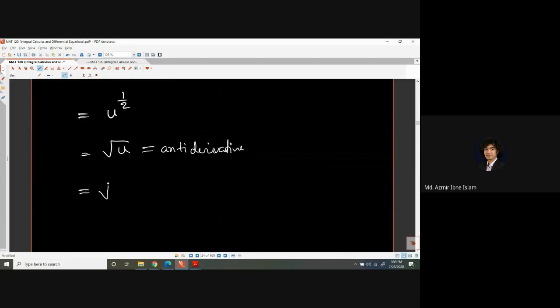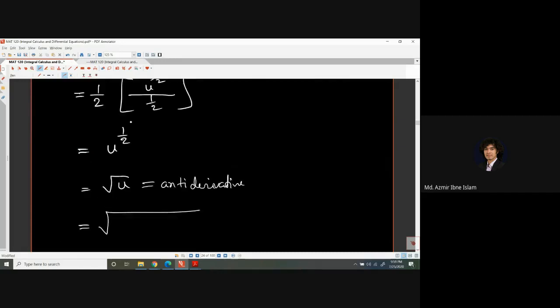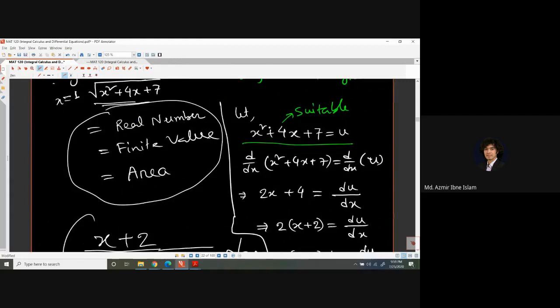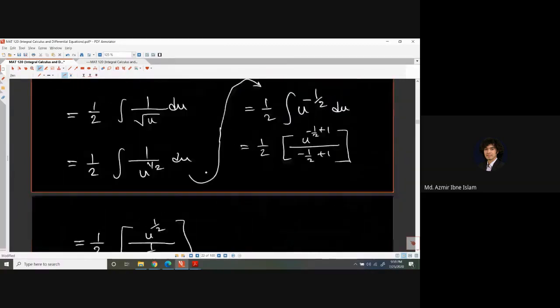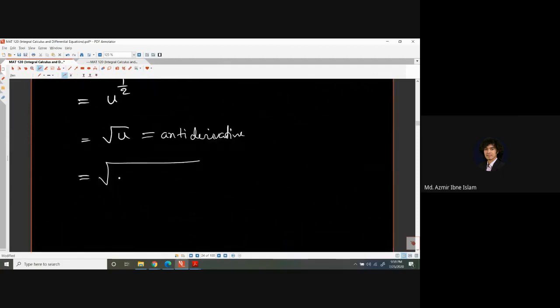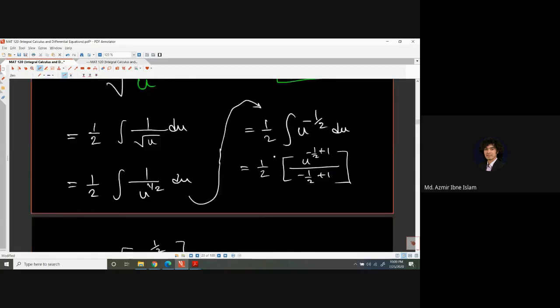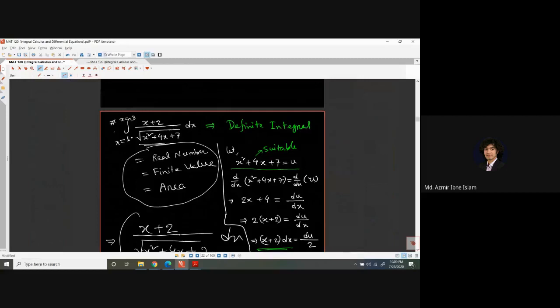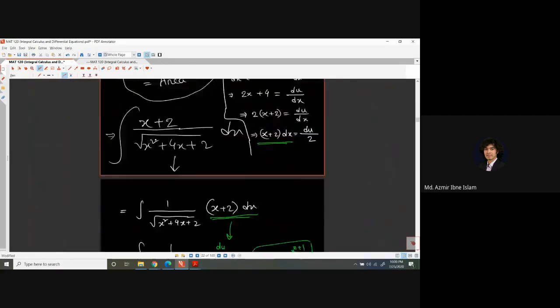But don't forget to get back to the x function. So here you have the x term, that is x squared plus 4x plus 7. So root over x squared plus 4x plus 7, that is your final result. So we actually had the definite integral, not the indefinite integral. We have the definite integral from 1 to 3.